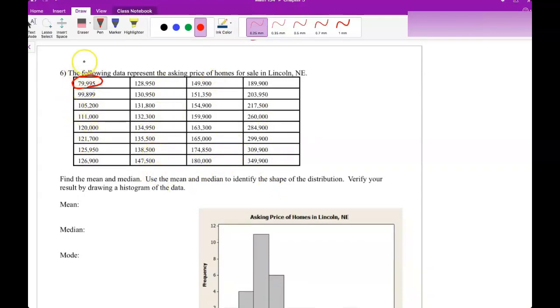This is the minimum value, and here we have the max. Find the mean and median. Use the mean and median to identify the shape of the distribution. Verify your result by drawing a histogram of the data.